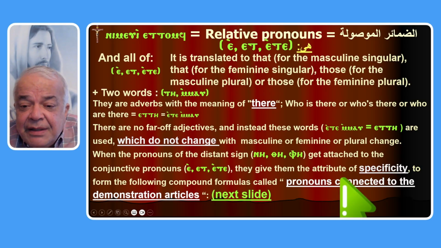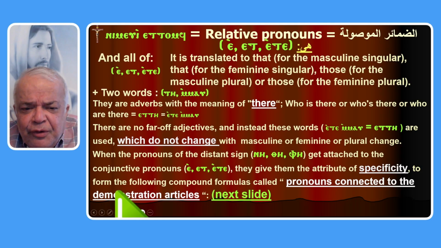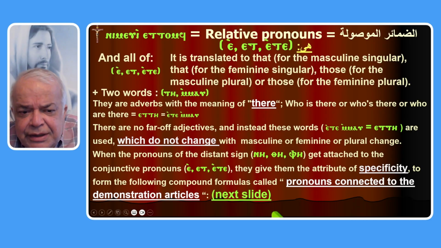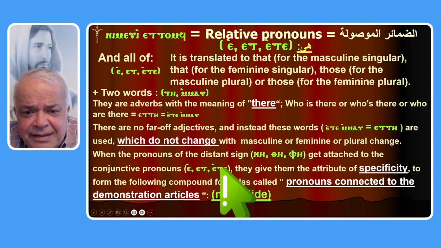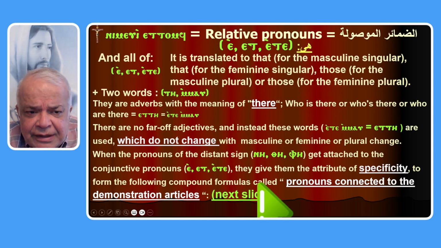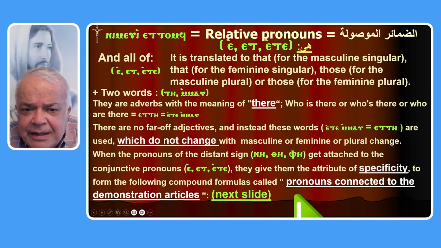So it gives the attribute of specificity to form the following compound formulas called pronouns connected to the demonstration articles. And that we can see in the next slide, since that slide couldn't fit it. You'll see it here in the next slide.